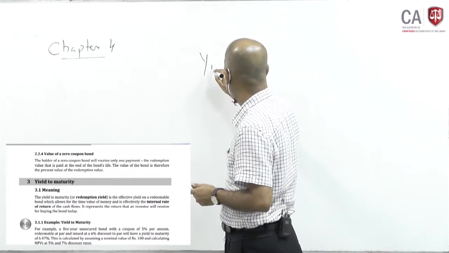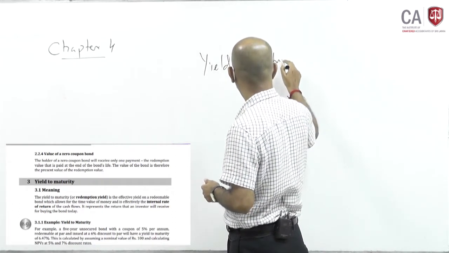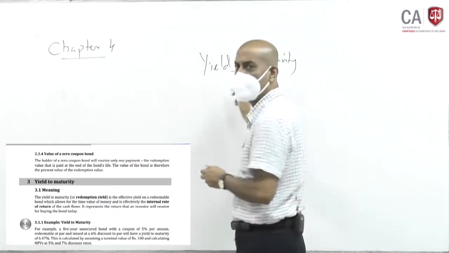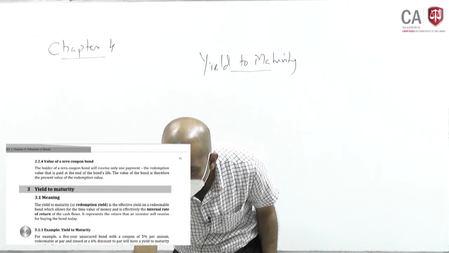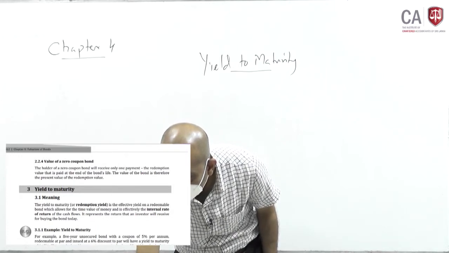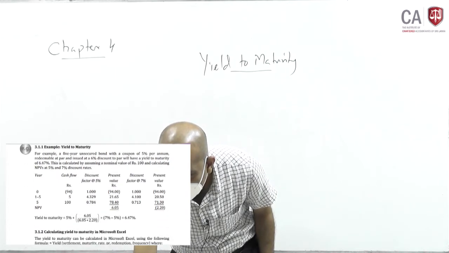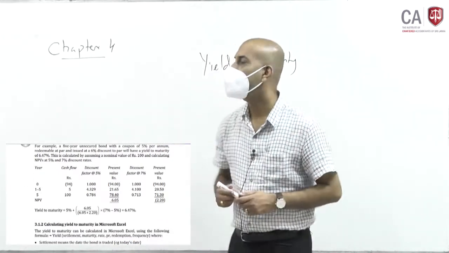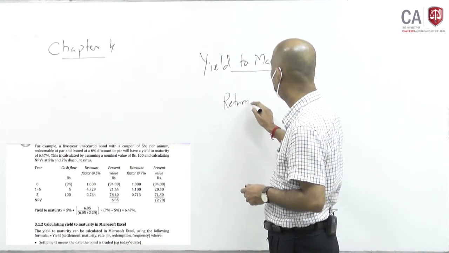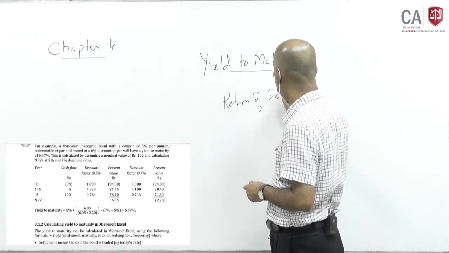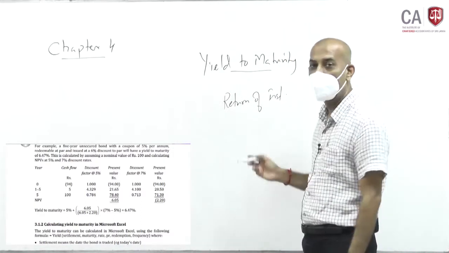Then we move on to the yield to maturity. Yield to maturity is actually the return of your instrument from now onwards till the maturity. That's what it's called, yield to maturity.